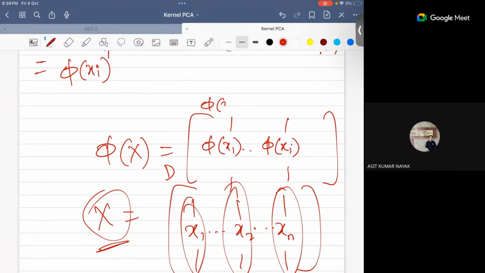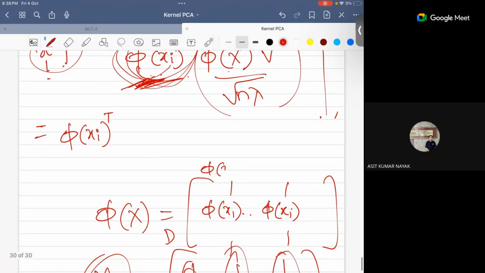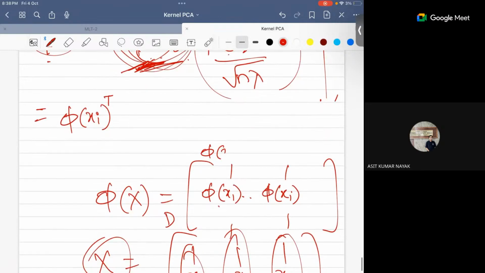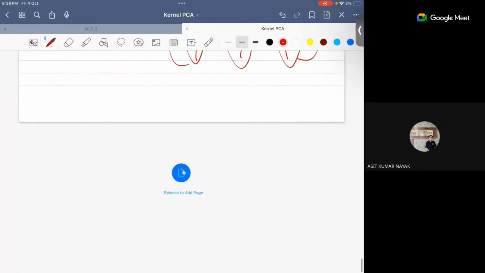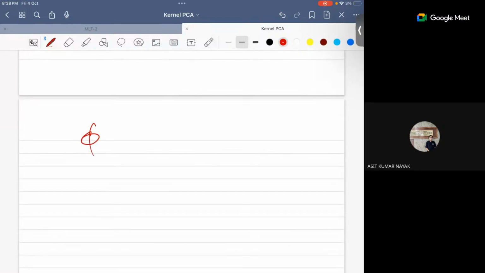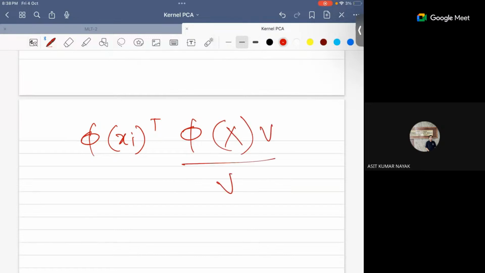Okay. So now if I have to multiply both the matrices, how do you multiply? If you have a row matrix, this is a row vector, right? This is the data set of row vectors. Now if you have to multiply phi of xi transpose with this bigger phi of X, times V upon root, constant, leave the constant.